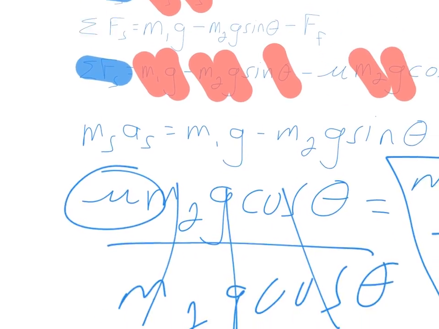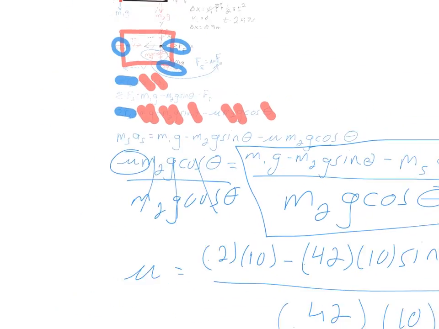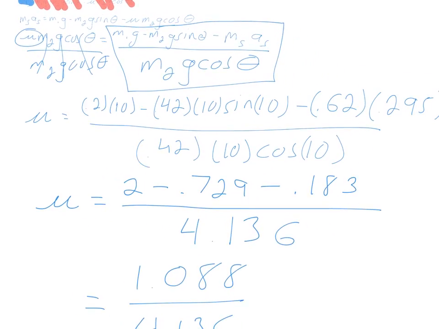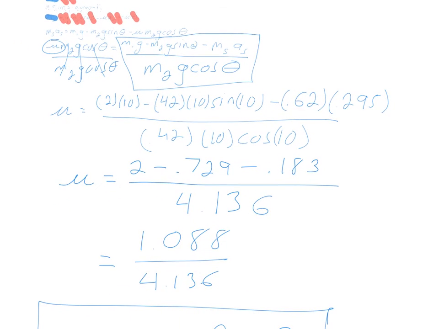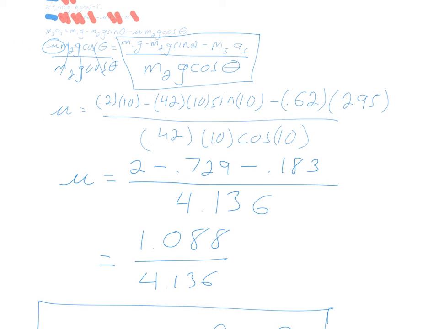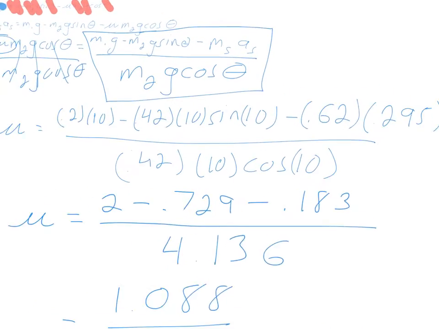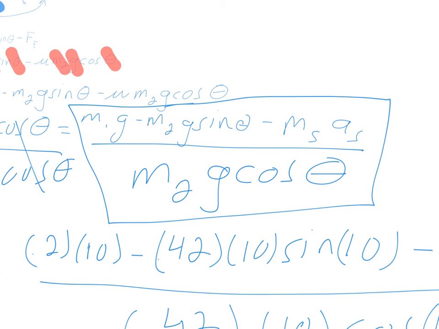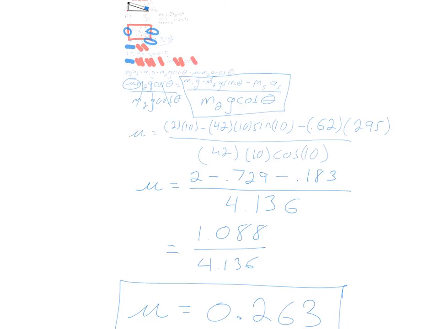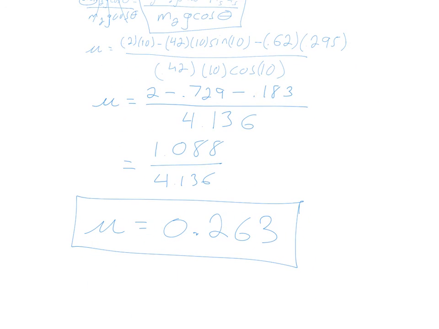Alternately, rather than following through this crazy algebra here, it would be possible to plug the numbers in along the way so that I didn't end up with a mess of an equation to deal with at the end. Either way, you should come to the same answer, 0.263.